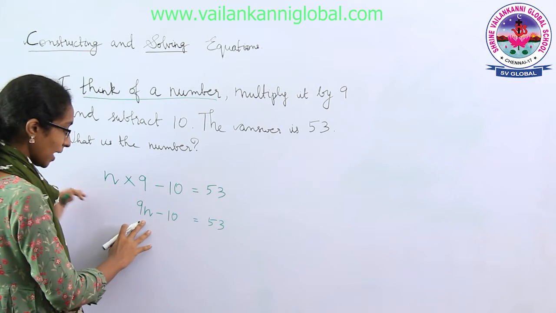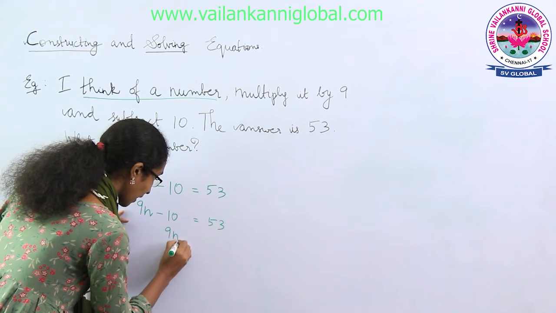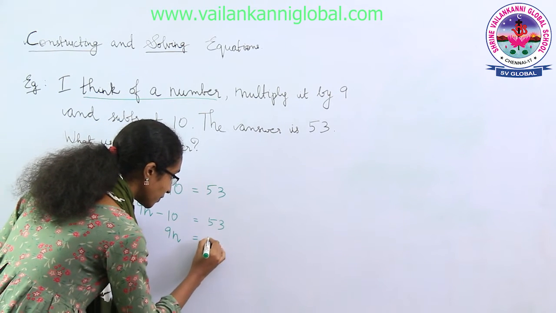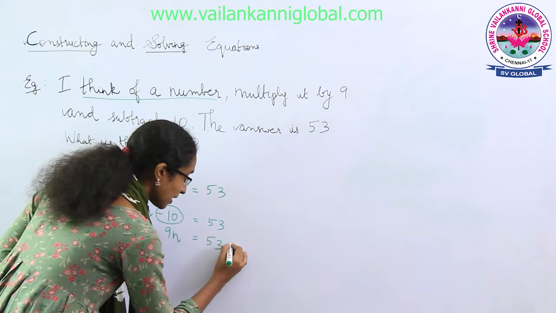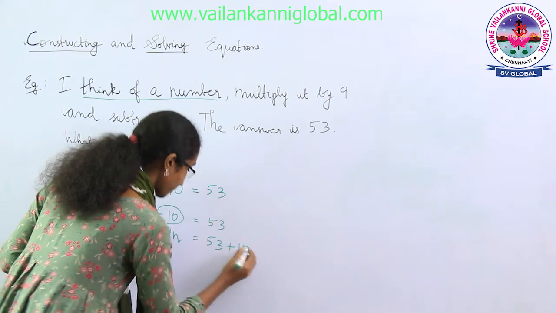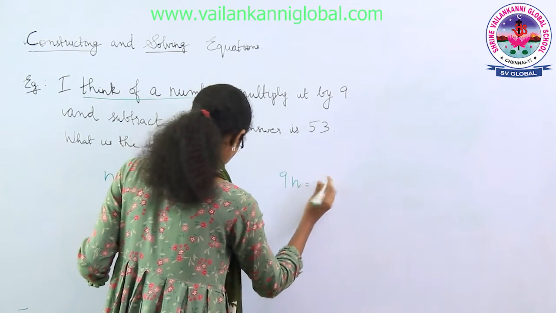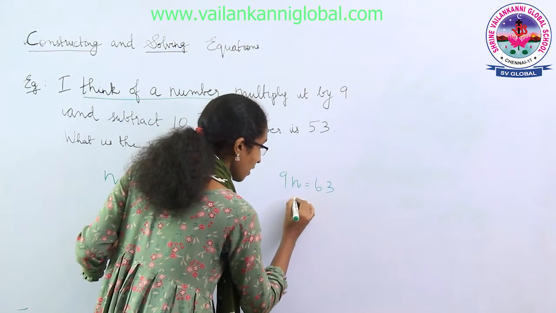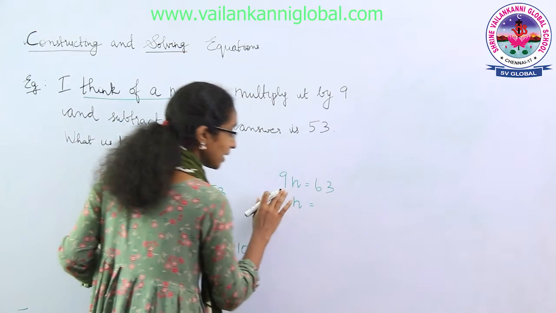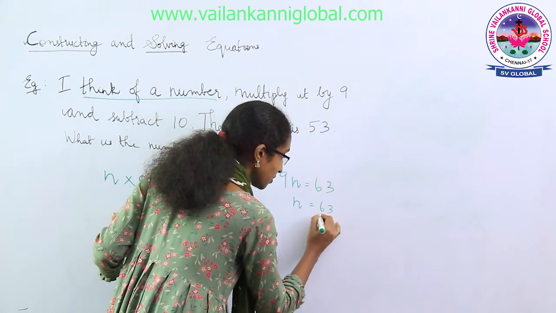So let us keep the n term one side and take the numbers the other side. 9n equal to 53, and this minus 10 which comes to the other side becomes plus 10. Hence 9n equal to 53 plus 10 gives us 63, and n equal to 63 by 9, because 9 which is in multiplication, when it comes to the other side becomes division.